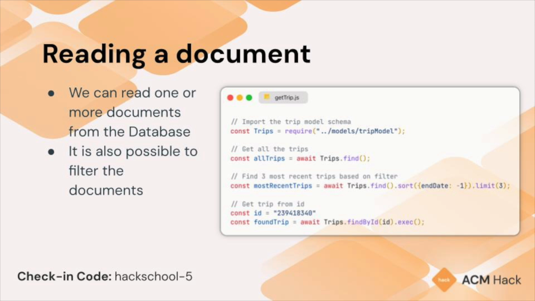And then this is how you're able to narrow down all the trips in the database and find one specifically by that ID. All the IDs are unique for each entry in the database, so that's why you're able to do Trip.findById, pass in that ID, and execute runs this command.